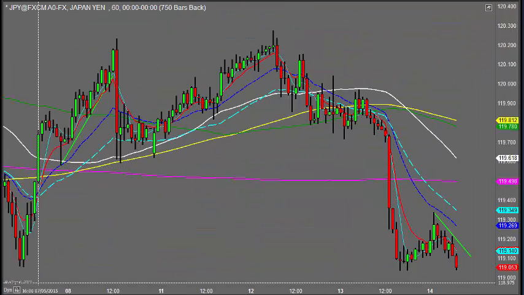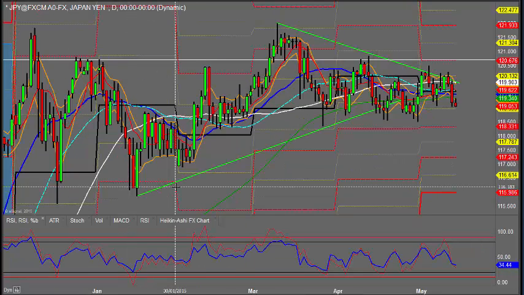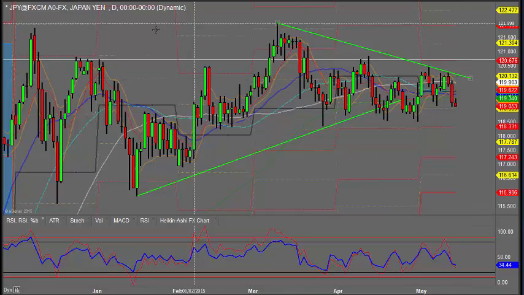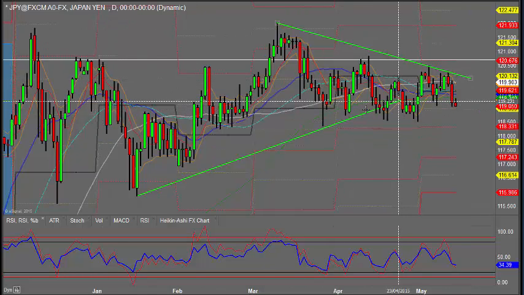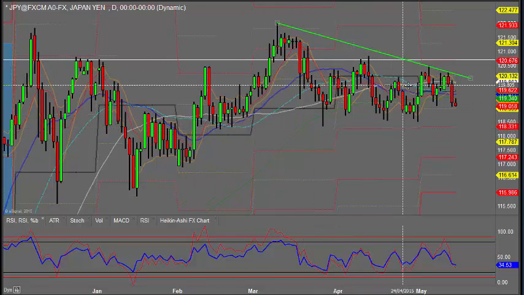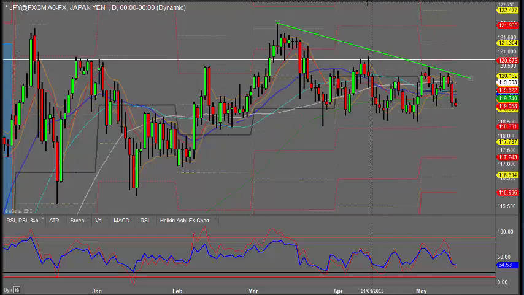Dollar yen. Okay, let's see what's going on here. From a daily perspective, it's really still in the chop zone of where I left it. It's still not broken out of this range that it's sitting in.